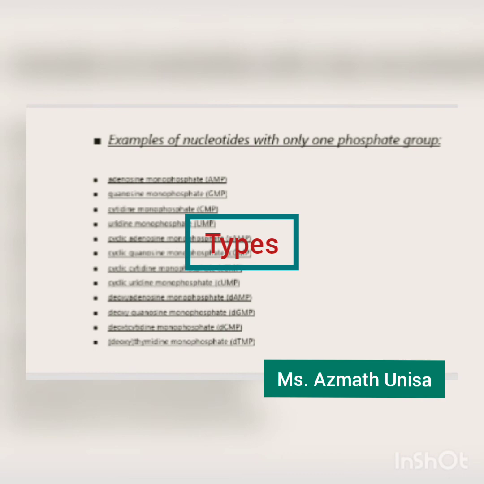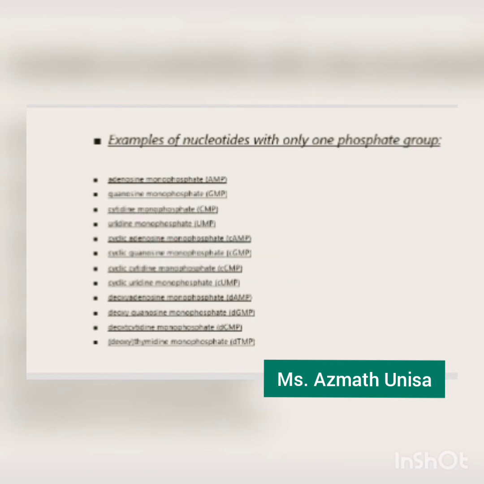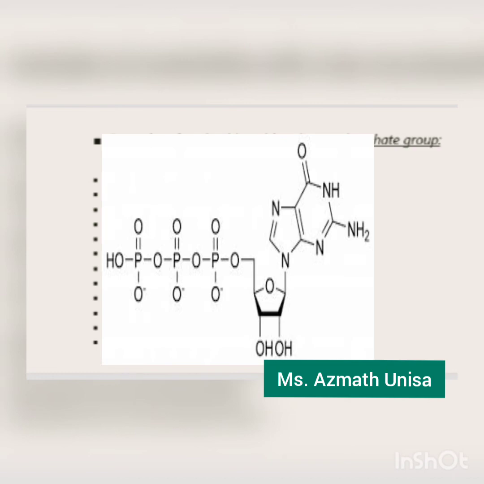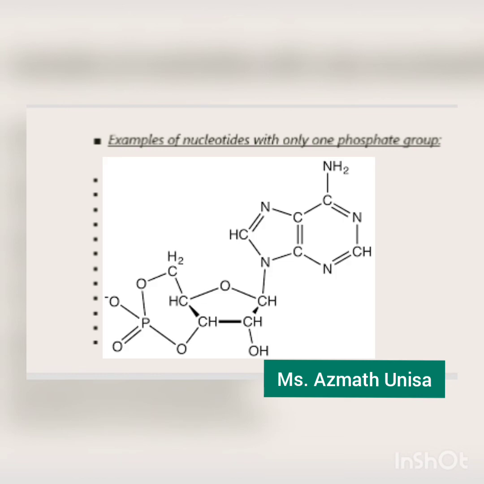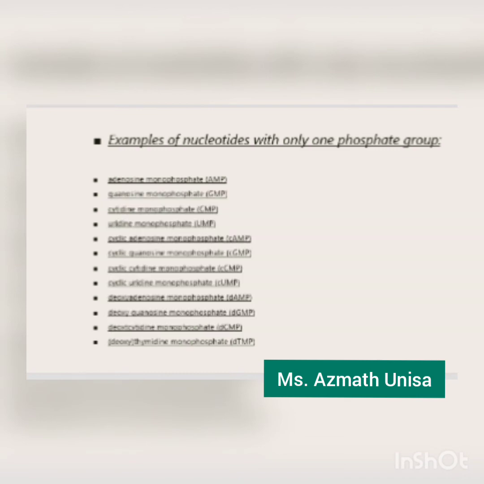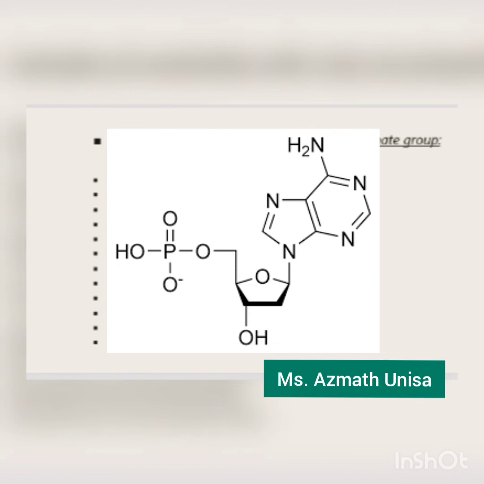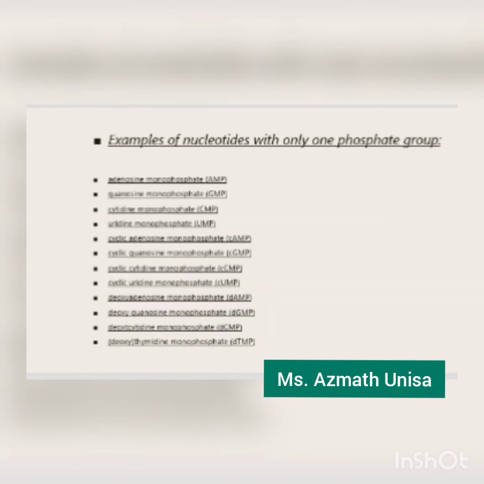Coming to the types, examples of nucleotides with only one phosphate group are adenosine monophosphate, guanosine monophosphate, cytidine monophosphate, uridine monophosphate, cyclic adenosine monophosphate, cyclic guanosine monophosphate, cyclic cytidine monophosphate, cyclic uridine monophosphate, and deoxyadenosine monophosphate, deoxyguanosine monophosphate, deoxycytidine monophosphate, deoxythymidine monophosphate.